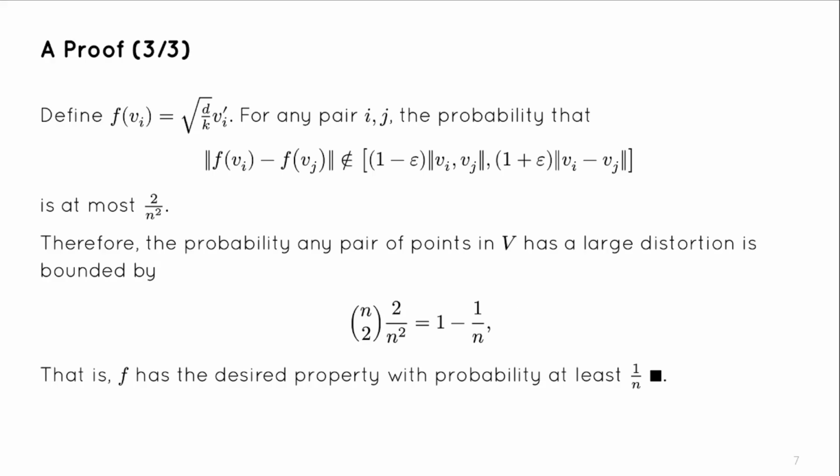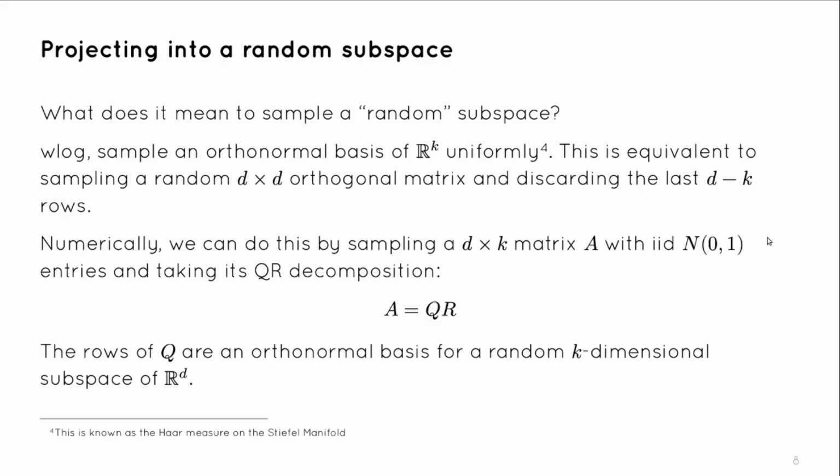And this is really nice because it means that with probability at least 1 minus 1 over n, no pair has this happen, that is, f satisfies the guarantee that we wanted for the theorem. So we are lucky enough, and that's the end of the proof.